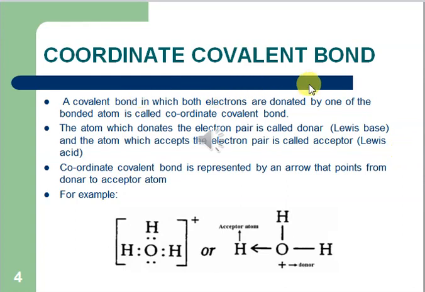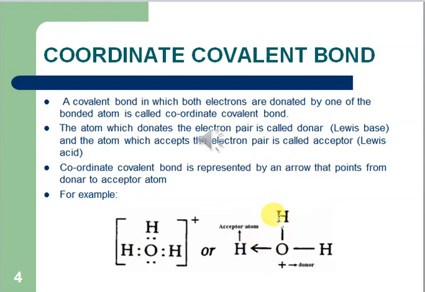The coordinate covalent bond is represented by an arrow that points from the donor to the acceptor.